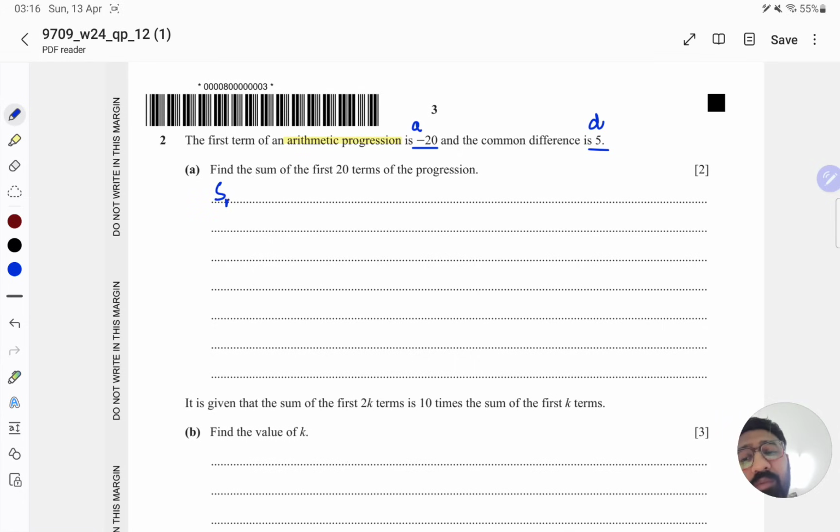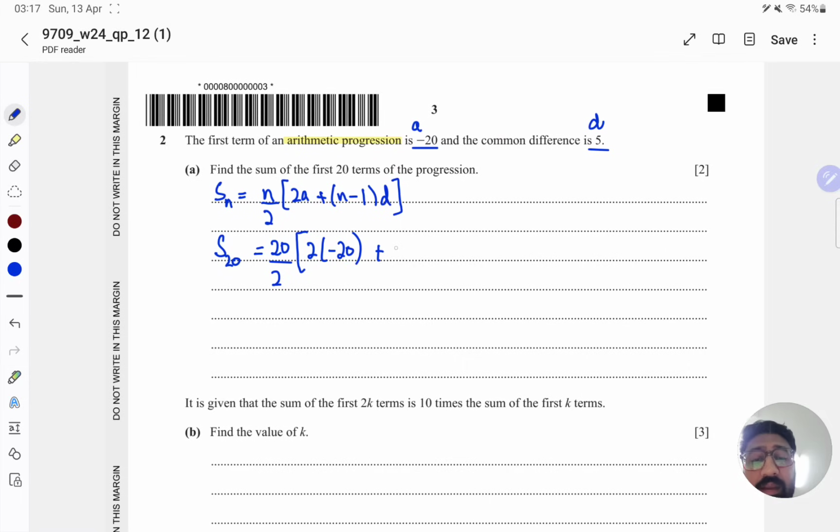So let's write the formula. The formula for finding the sum of the first n terms is n divided by 2 bracket 2a plus n minus 1 into d. The sum we need to find in this question is for the first 20 terms. So wherever we have n, we'll substitute 20, and in place of a we will substitute minus 20, and this n minus 1 will make it 19, and d is 5.